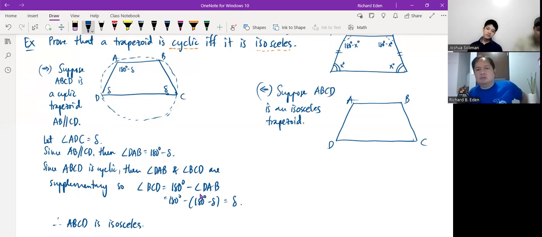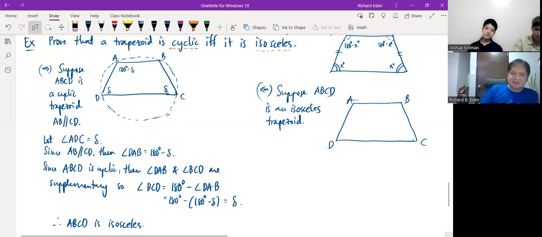Then what do we want to do? We want to show that this is cyclic. Can you think of an argument?